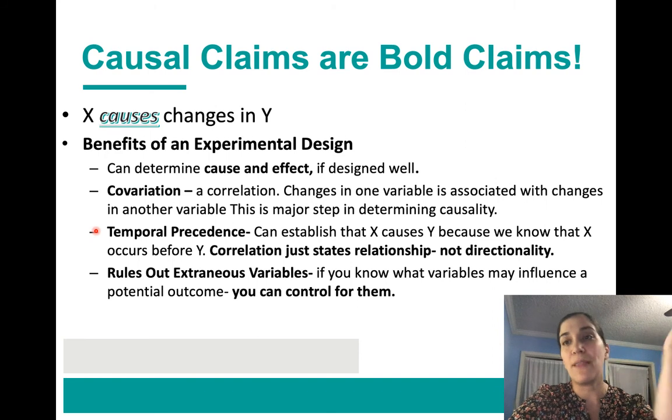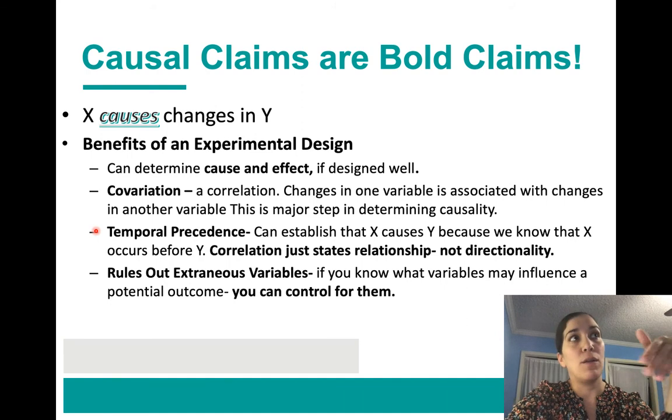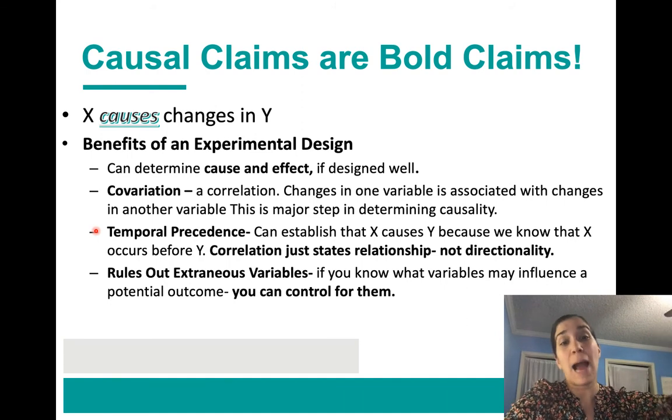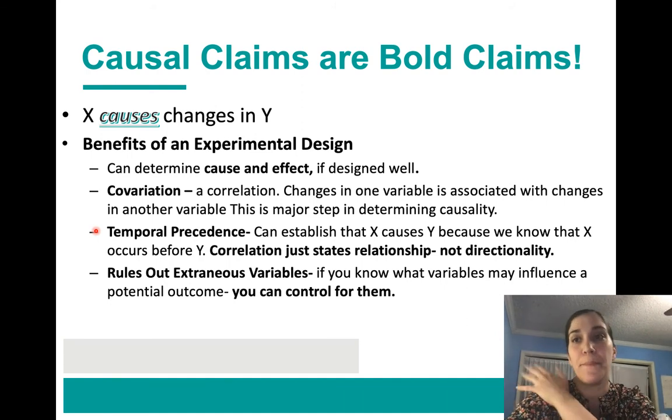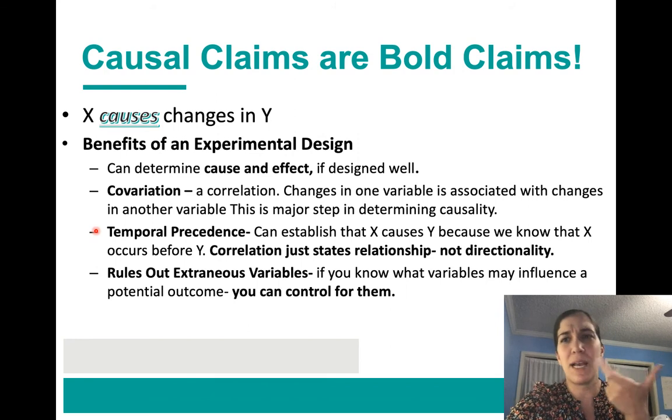So the older you get, the more sex partners you tend to have, and the relationship is pretty strong. It's like 0.52. And so we could say, oh, well, the older you get, that happens before an increase in sex partners, but we wouldn't say the other way around. We don't have the directionality, but it would be weird to say more sex partners makes you get older, right? That's very strange.